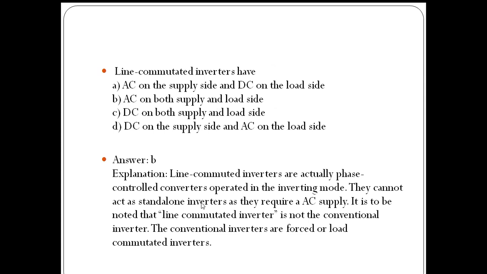So the answer is B. Line commutated inverters are actually phase controlled converters operated in inverting mode. They cannot act as standalone inverters as they require an AC supply. It is to be noted that line commutated inverters are not the conventional inverters. The conventional inverters are forced or load commutated inverters.